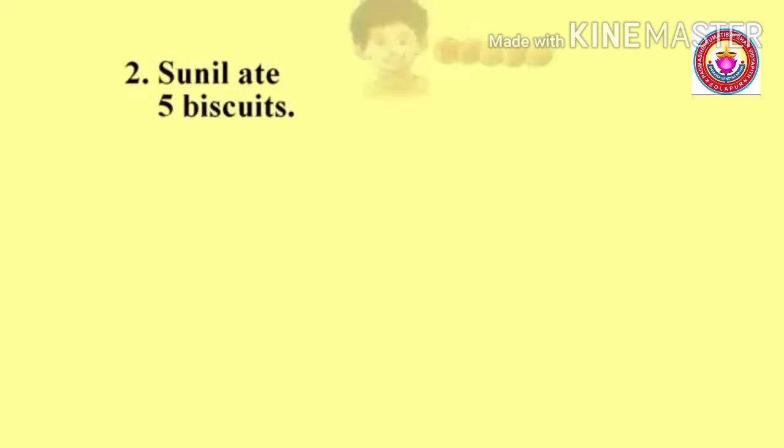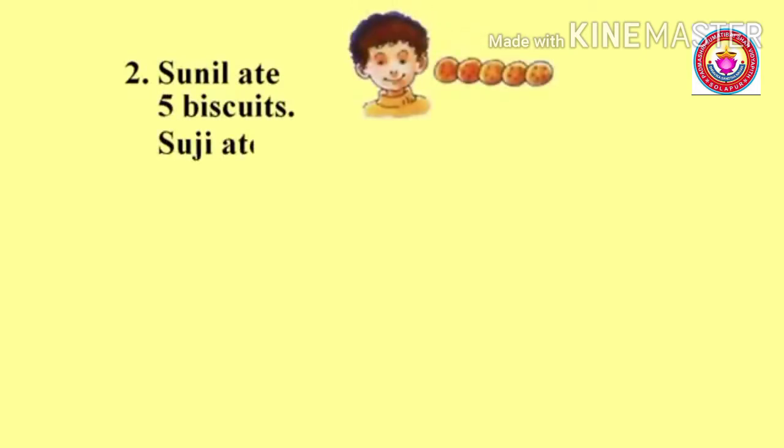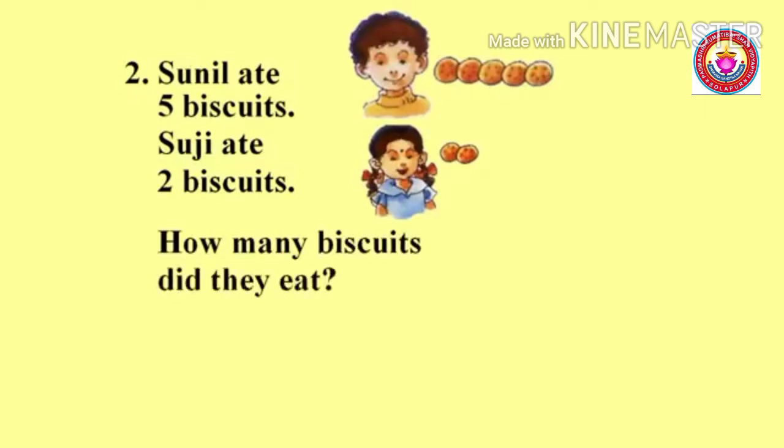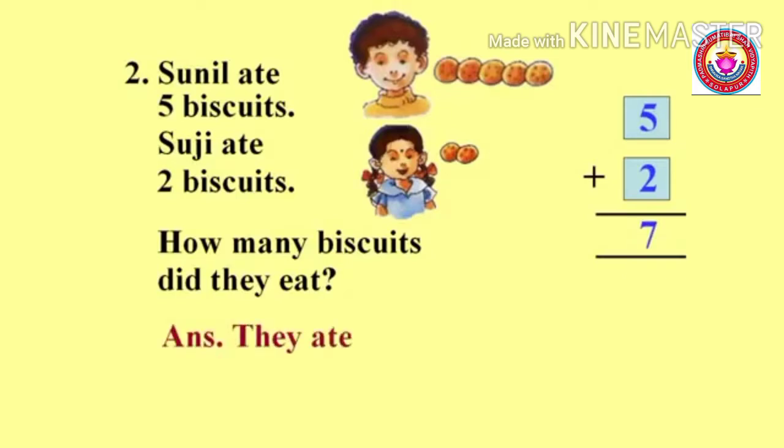Now next example. Sunil ate 5 biscuits. Suji ate 2 biscuits. How many biscuits did they eat? 5 plus 2 is equal to 7. They ate 7 biscuits. Next example.